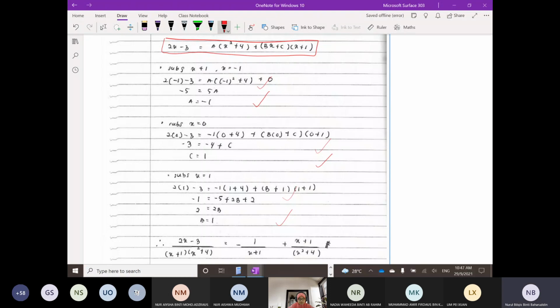Tulis dekat chat tu. Can we substitute x with another value instead of 1? Can or not?